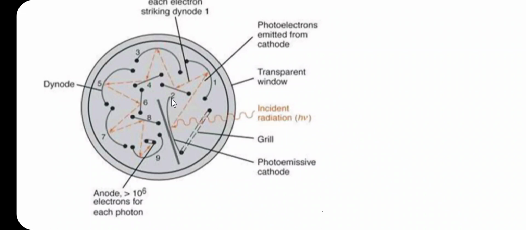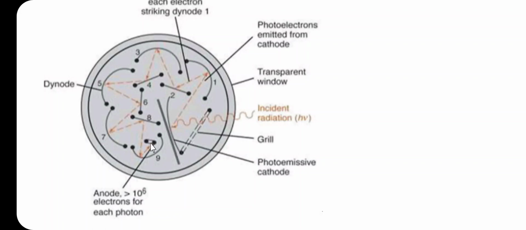Finally, nearly 10 raised to 6 to 10 raised to 7 electrons have been released for each photon striking the photocathode, and the electrons leave the last diode, diode number 9, and are received by the anode, that is the collector.